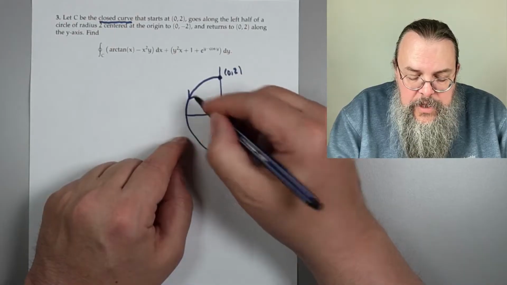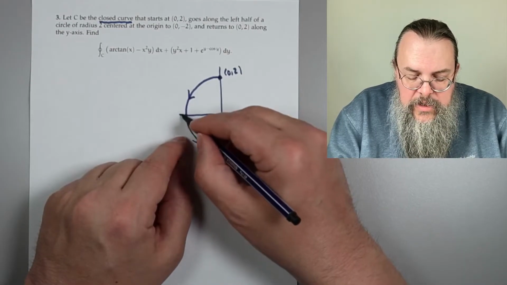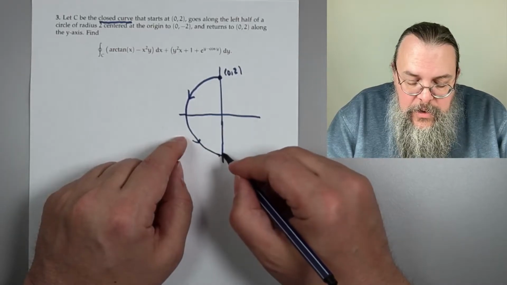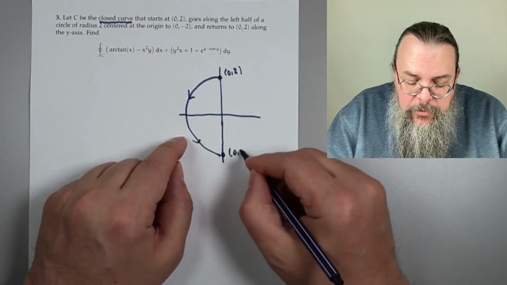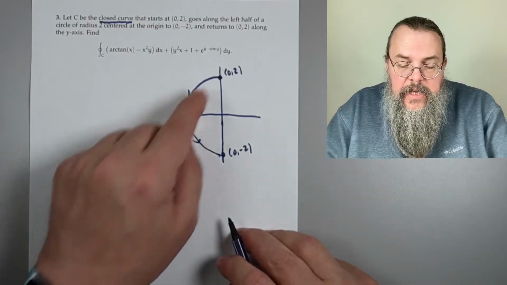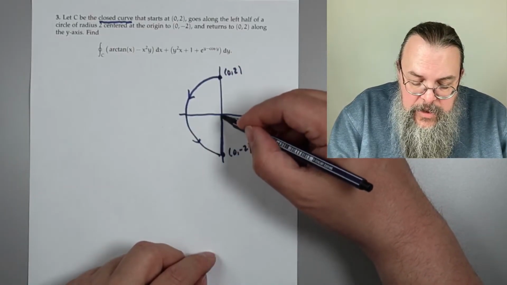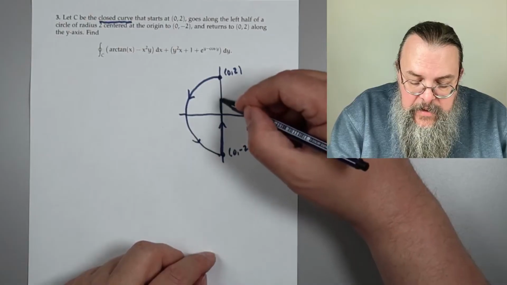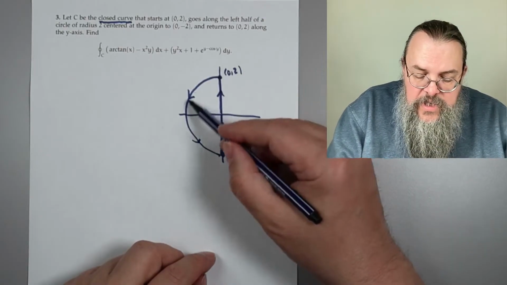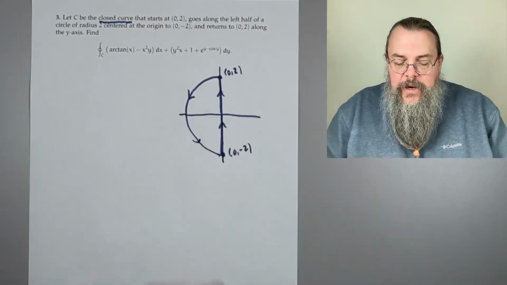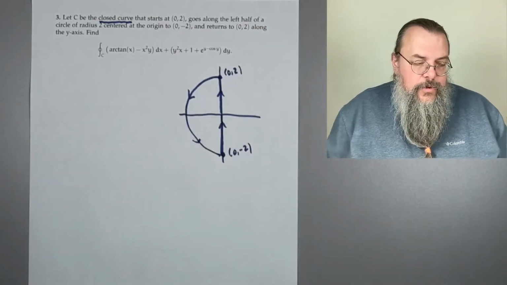And we're going to put an arrow. Orientation matters on these types of problems. And so now we have 0, -2. And then it returns to 0, 2 along the y-axis. Okay, so then we're coming back. So we're sort of tracing out the left half of a circle. All right, cool.